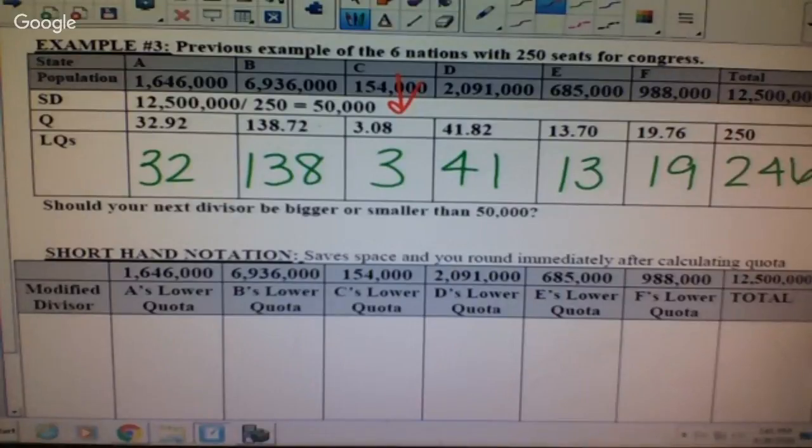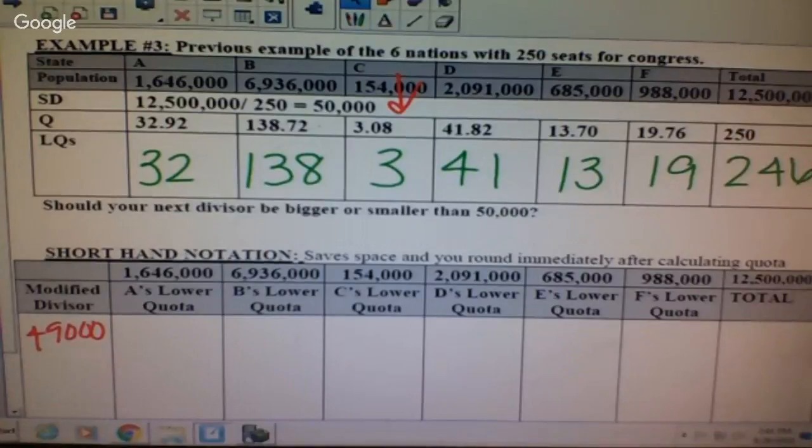I need to pick some number that is lower than 50,000. When you're dealing with standard divisors that are big, I would start moving by thousands. So what's 1,000 lower than 50? We're going to go 49,000. So that's going to go down in the modified divisor spot.